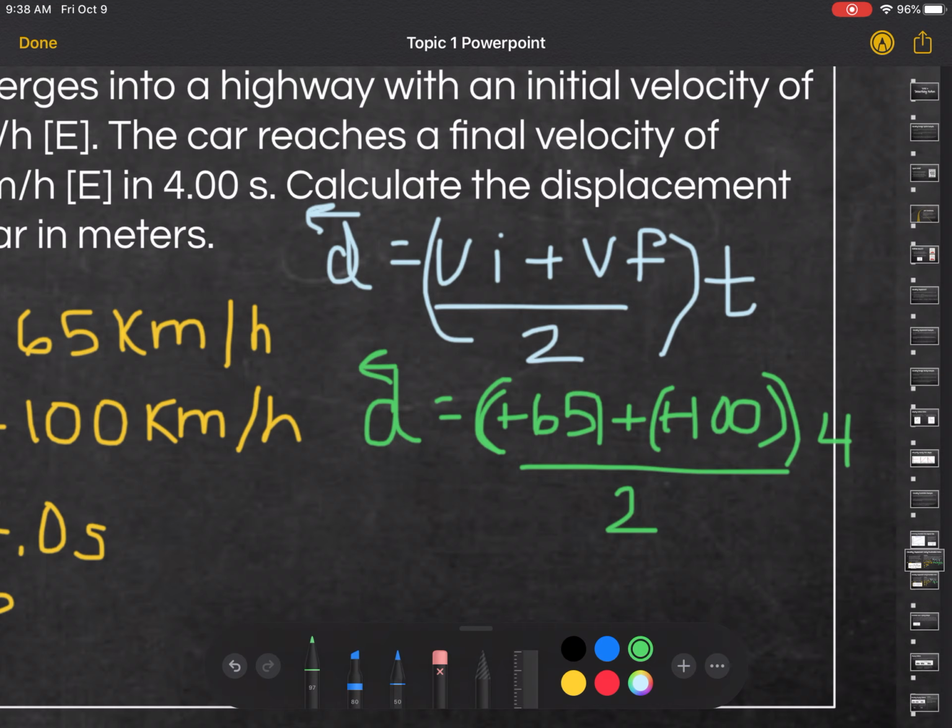Now we'll go to our calculator. If I do this out, I get 65 plus 100 is 165. And then I'm going to multiply that by 4 and then divide by 2.